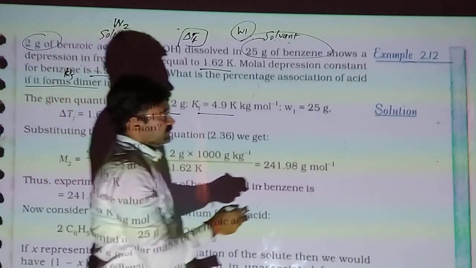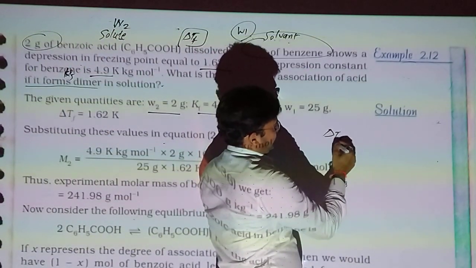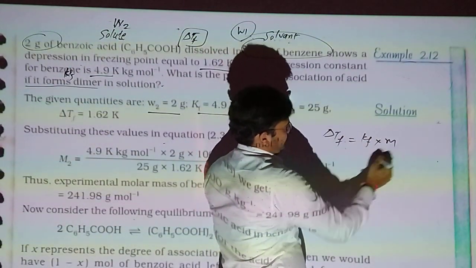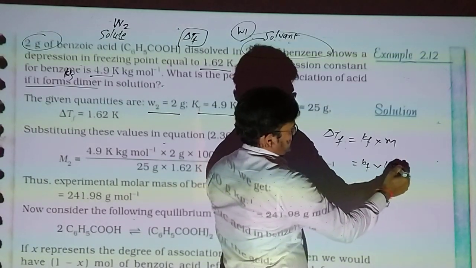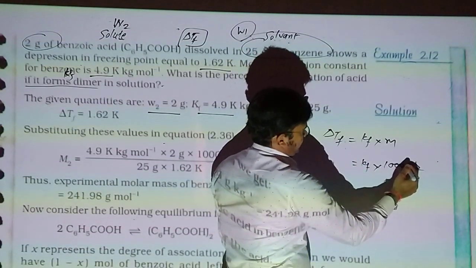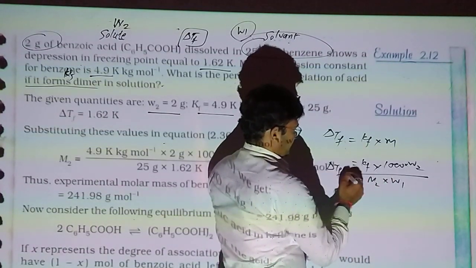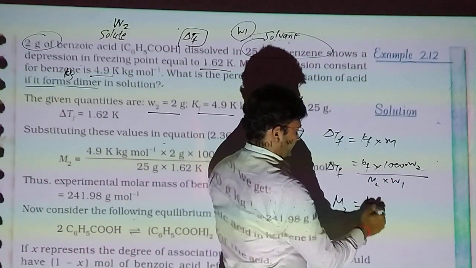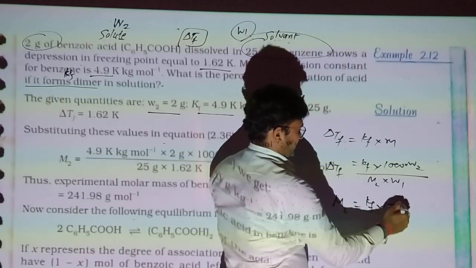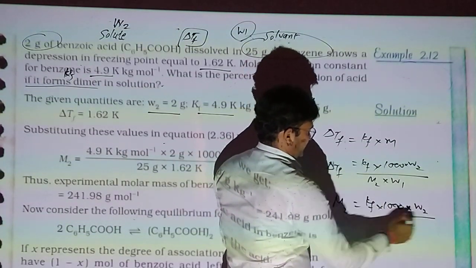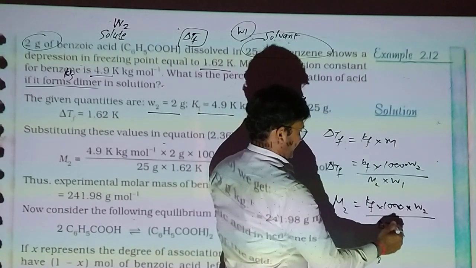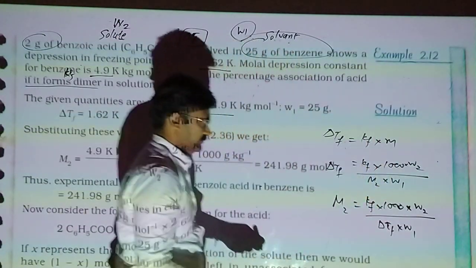So we know the formula of delta TF, Kf into 1000 into W2 upon M2 and W1. So here M2 will be Kf into 1000 into W2 upon delta TF and W1.